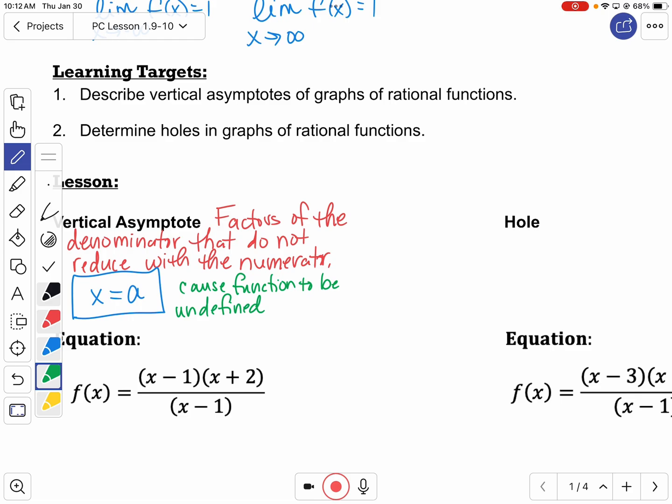So just like horizontal asymptotes where y equals some number, vertical asymptotes are x equals. If you just put 3, I will mark it wrong. Okay, it's x equals 3. So we want to be sure it's a linear equation. We want to write it as such.